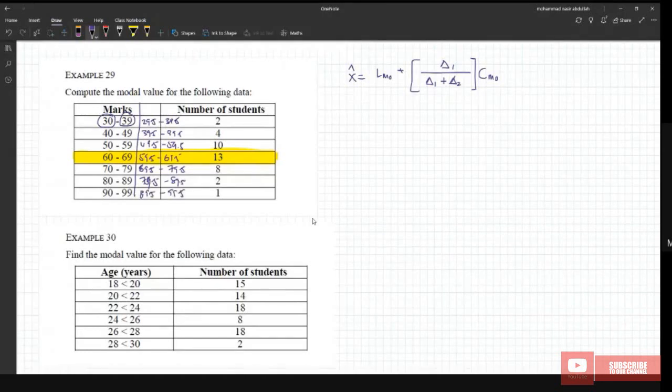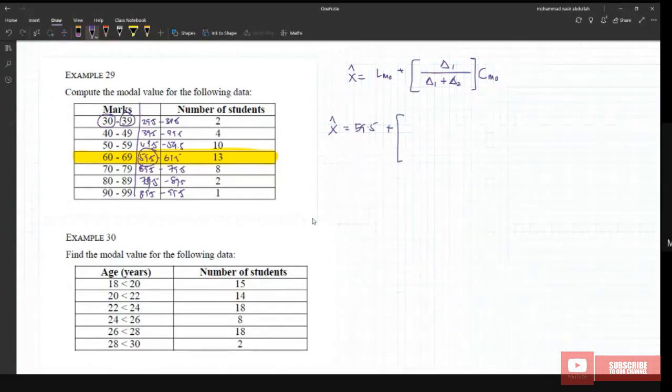Right. So now we already identified the modal class. So the mode should be equal to the lower class boundary of the modal class, which is 59.5. Right.